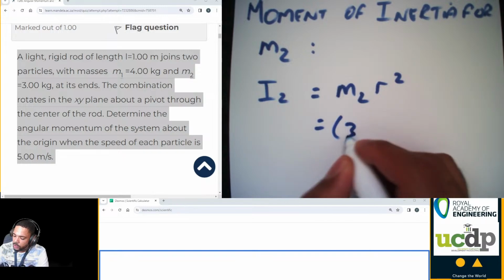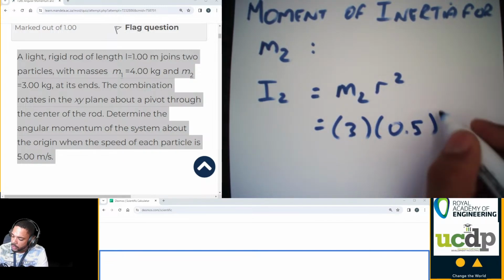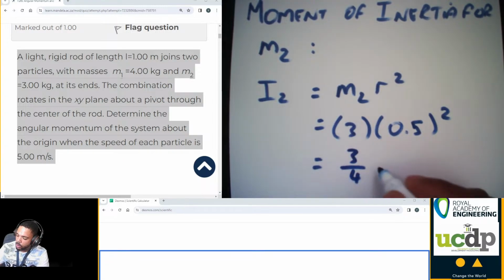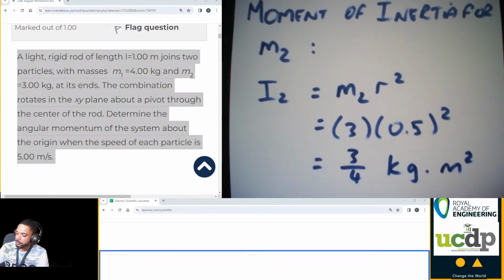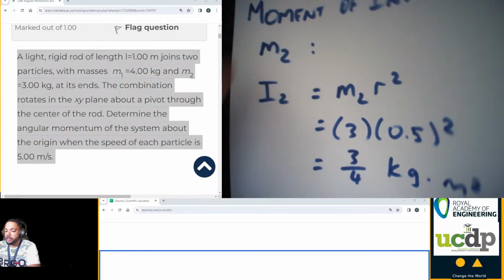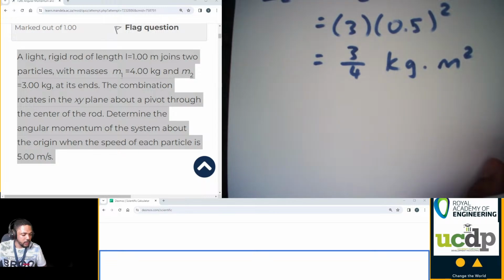So the mass of 2 is 3 kilograms and the radius is 0.5, and we square that. This gives us 3/4 kilogram meter squared. So now we have the angular velocity for M1 and M2, and we have the moment of inertia for M1 and the moment of inertia for M2.